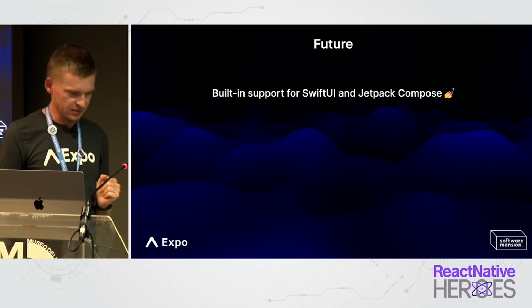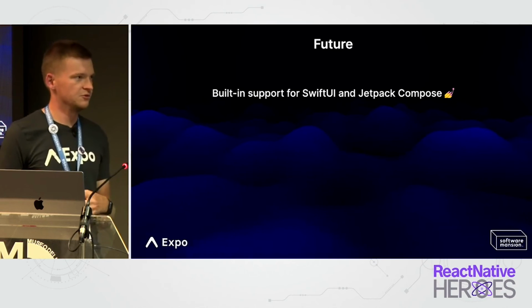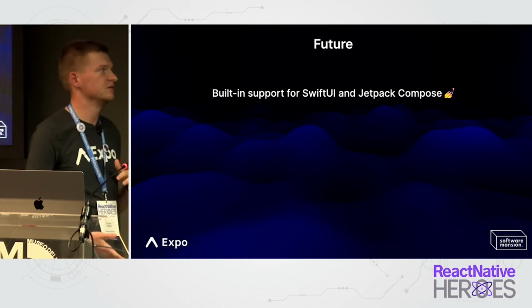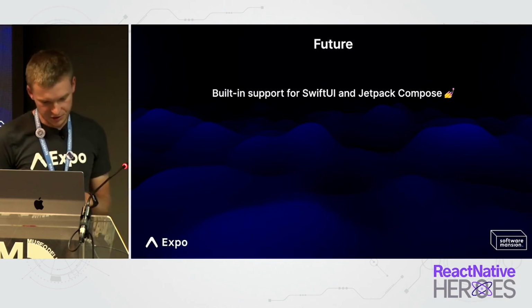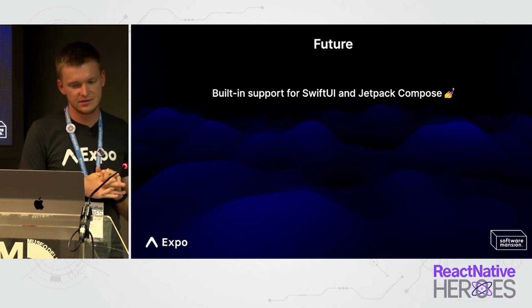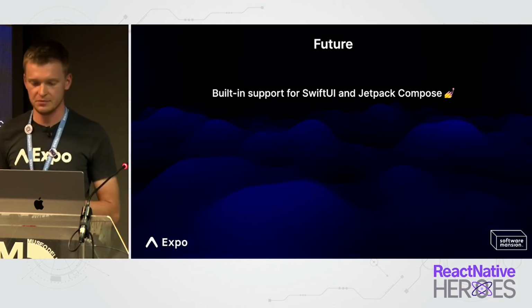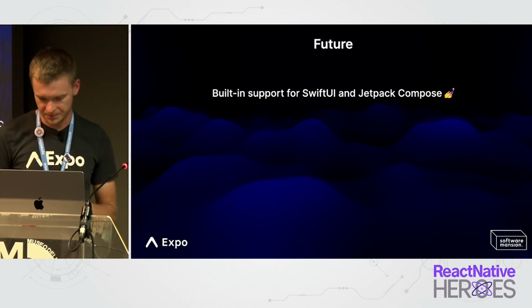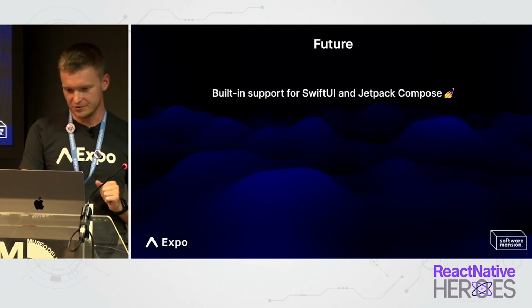This is kind of a problem so far, and we want to solve this by even letting you build a nested hierarchy of SwiftUI and Jetpack Compose views. And here's where the new architecture comes in, because it basically allows us to build this thing. It was not possible in the architecture so far. So I'm really looking forward to the new architecture to build this.